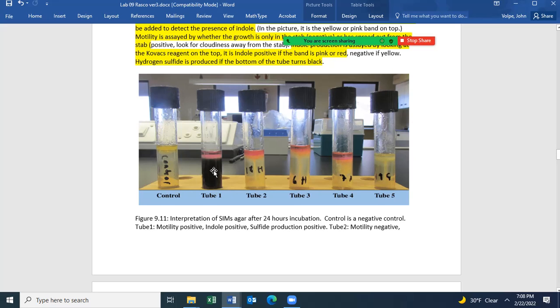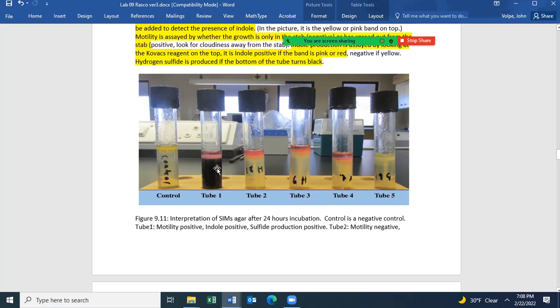You look at the stab to see if the bacteria are only growing in the stab, like tube 2, or if the bacteria are growing away from the stab, tube 4. In this one, the bacteria are motile, and that's why it's black everywhere.